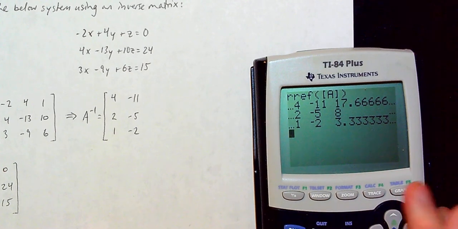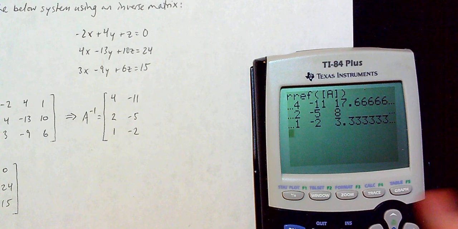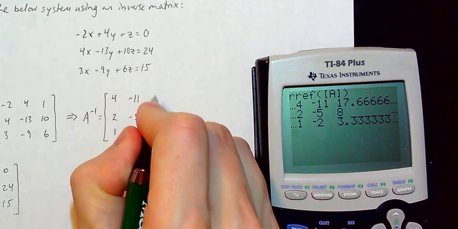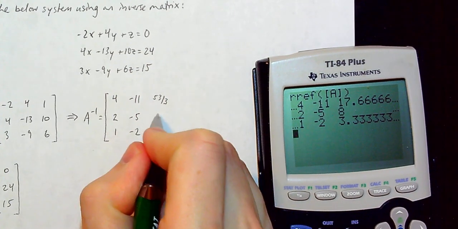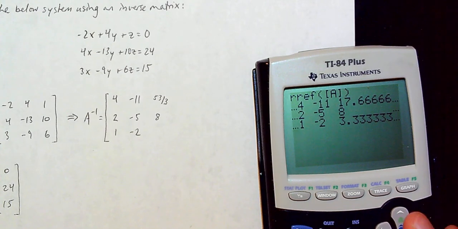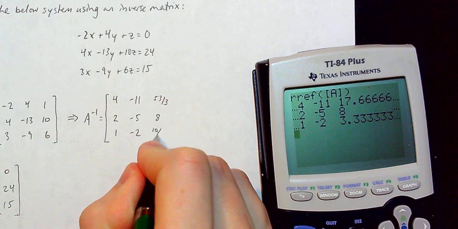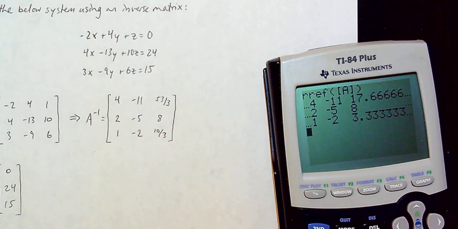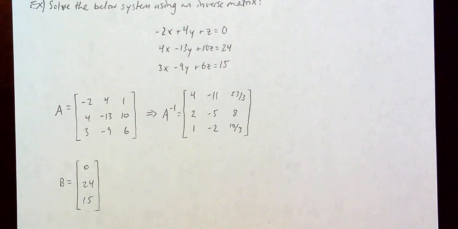And then we see 17.66666, and so on. That's 17 and 2/3, or 53 thirds. 8. And then we have 3.3333333 continuing on. That's a positive 10/3. So that right there is what my inverse matrix is going to be.